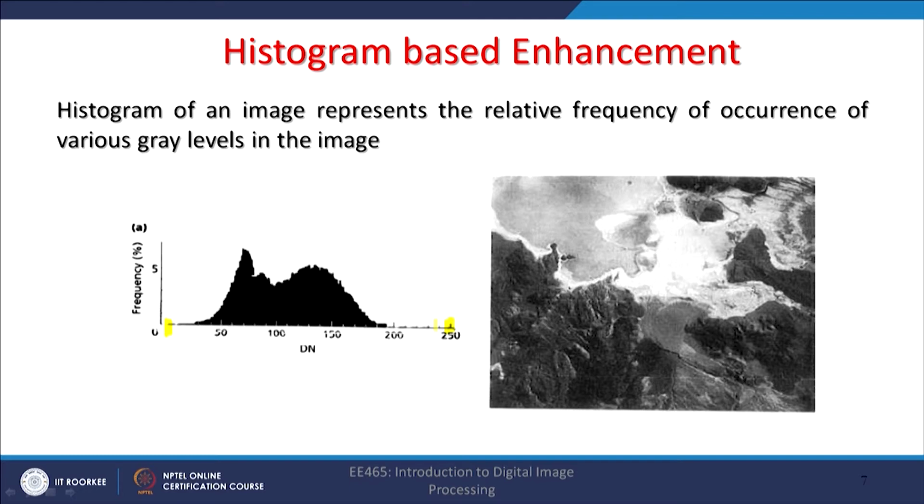Again it is an 8-bit scenario, and that means if I go for a simple linear stretch, I do not have much maneuverability, because I have brighter parts and darker parts as well, and that is why there are two peaks in my histogram, and some values are also here.